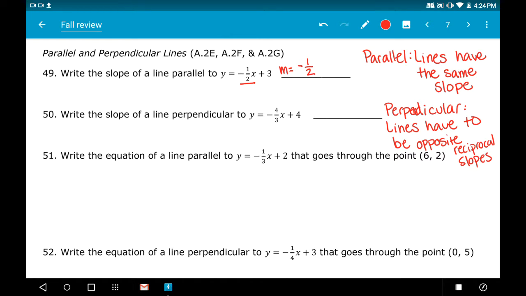So what this means is, if the slope of this line is negative 4/3, the slope of the new line, if this one's negative, this one has to be a positive. And since this is 4/3, we have to flip it to get the reciprocal, so it'd be 3/4. So our slope here would be positive 3/4.